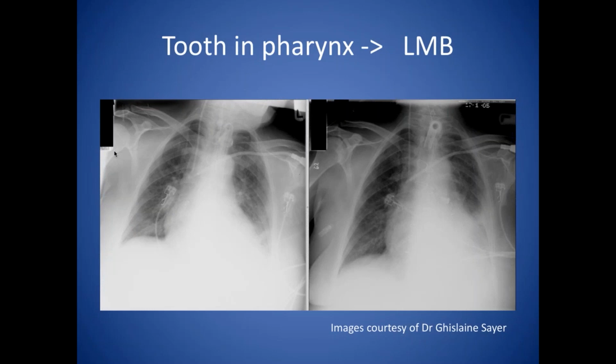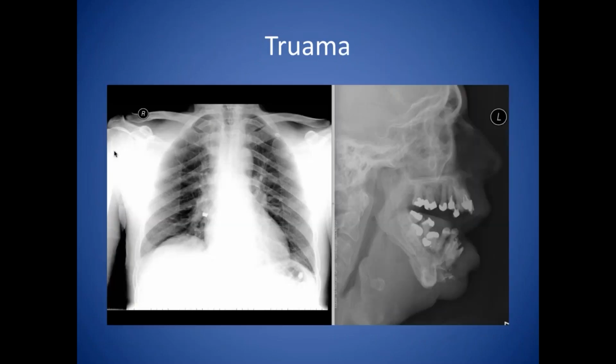So always look at densities that you can't explain and try and give an explanation for it. It may be that the endotracheal intubation has been traumatic and the patient has lost a tooth, or maybe it's due to trauma, as in this case, where the patient has had a fractured mandible and some of the tooth fragments have been inhaled into the right lower lobe bronchus.